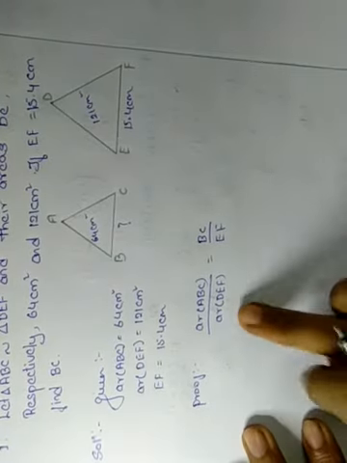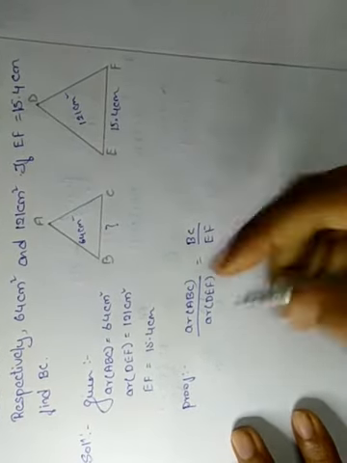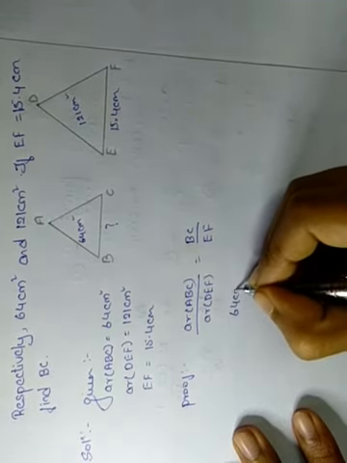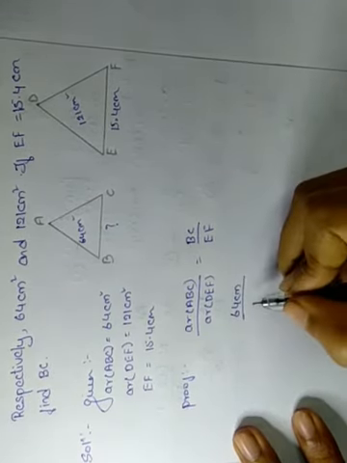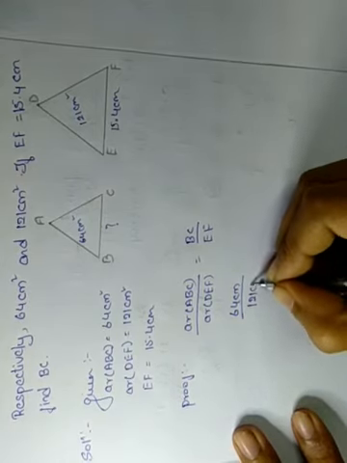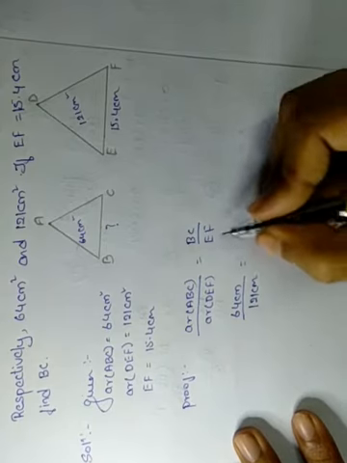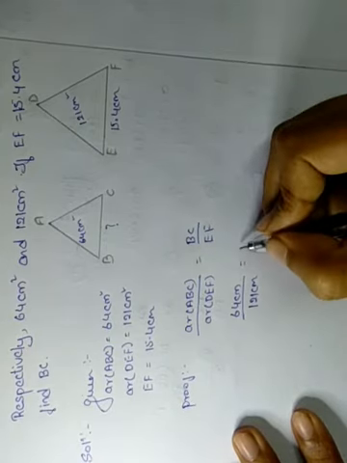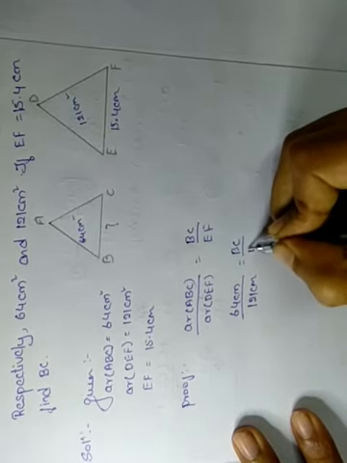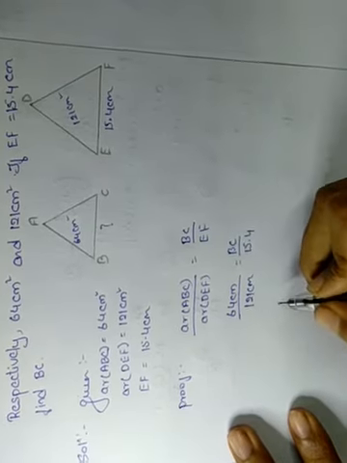Substitute the given values in this equation. We'll get the area of triangle ABC, that is 64 centimeter square, and the area of triangle DEF, that is 121 centimeter square. BC we need to find, and EF is 15.4, right?